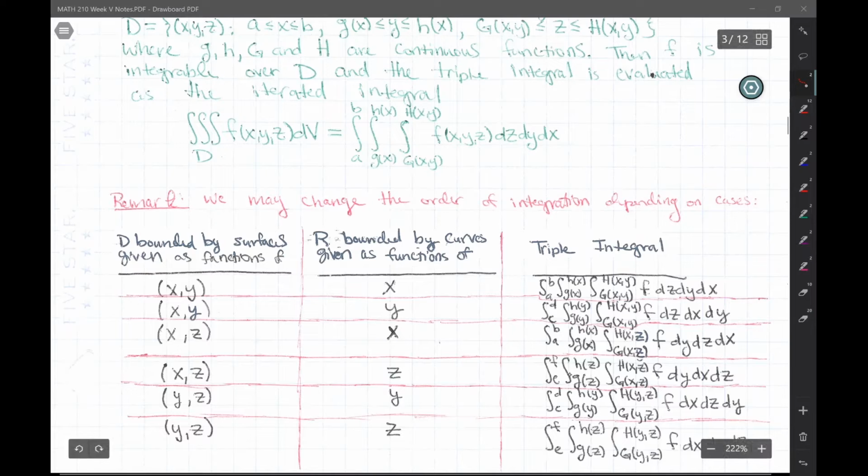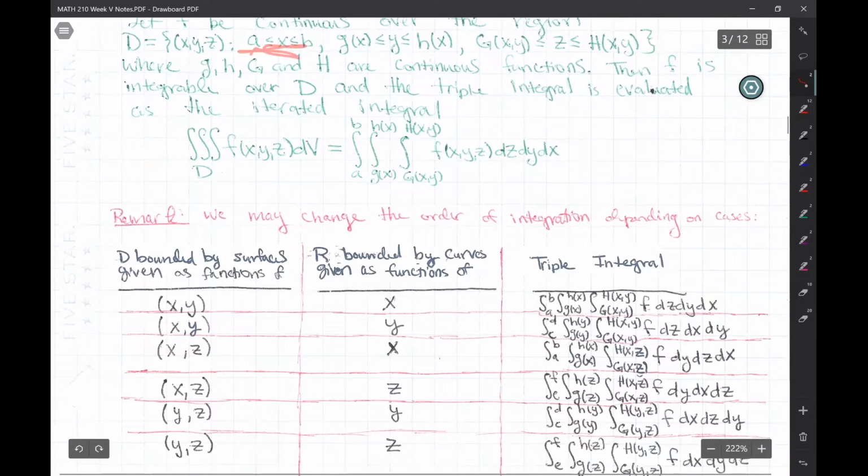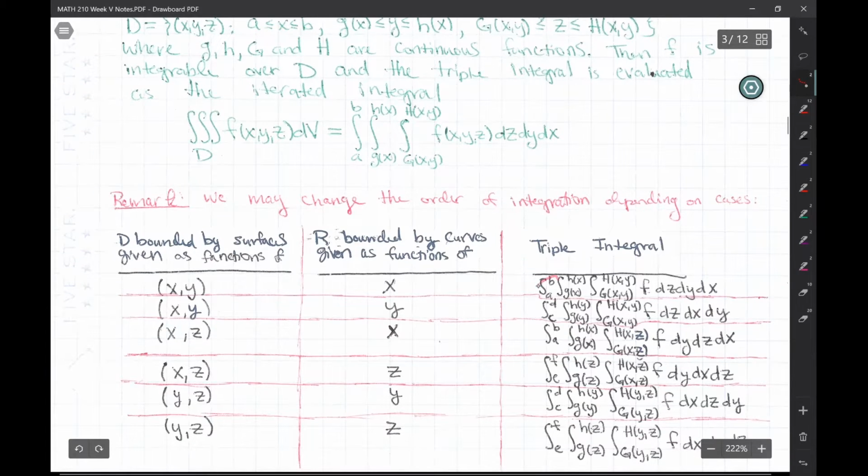And just a quick note here that you could see that x up here was bound between a and b. Well, I use the same a and b when discussing an integration along x, but when discussing integration along y as the last integral to take in the iterated integral, I used c and d as bounds for y.